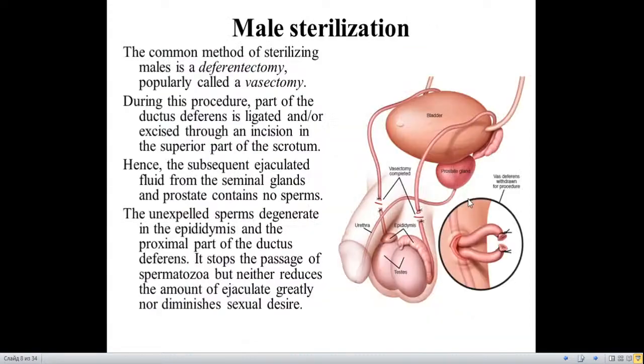One more thing, we said that the function of vas deferens is conduction of sperm from epididymis towards the male urethra. And this anatomical and physiological feature can be used in surgery for male sterilization. This procedure is known as vasectomy.